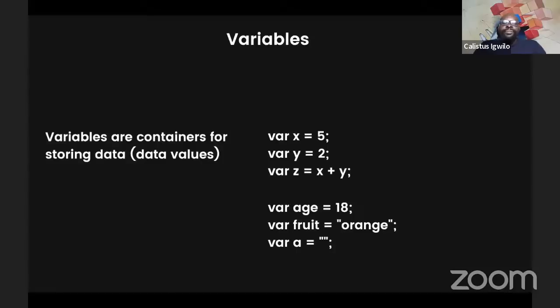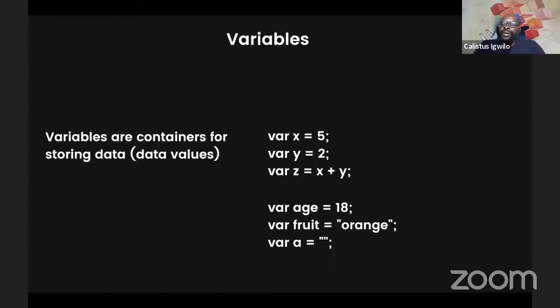So what are variables? Variables are containers for storing data. And when we talk about data, we're talking about values. That's what variables are. Now, here's an example: var x = 5. That var is just saying it's a variable. It creates a container called x.